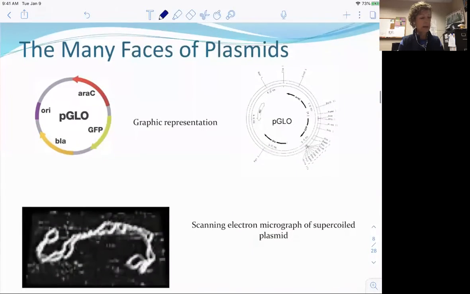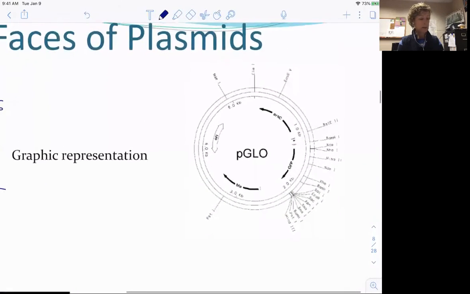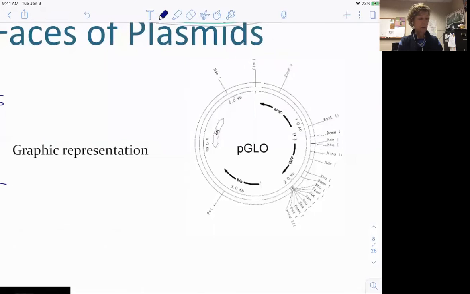So we can represent plasmids in a variety of ways. We can show them as little circles. We can indicate the locations of the genes. So this is pGlow again with its BLA gene, its origin of replication, and I'll talk about these other features here. So that's one way to represent it. We can also show it as a map, and what this map shows is a little more detail about the origin.